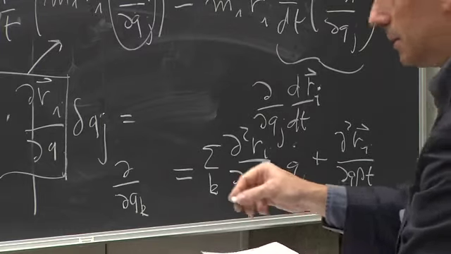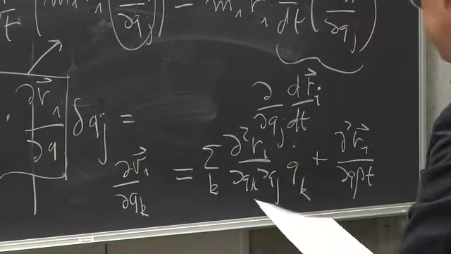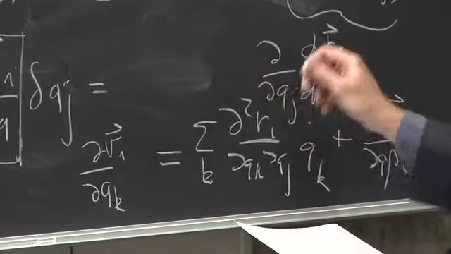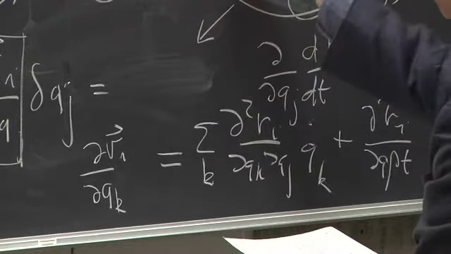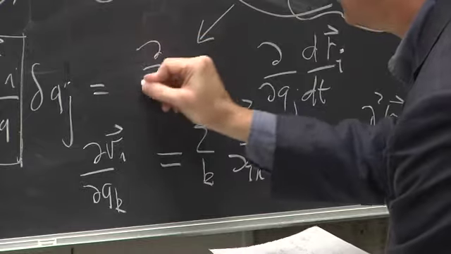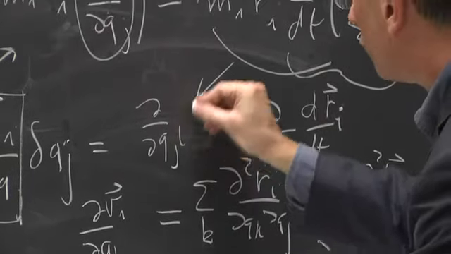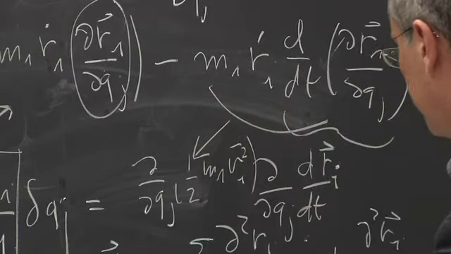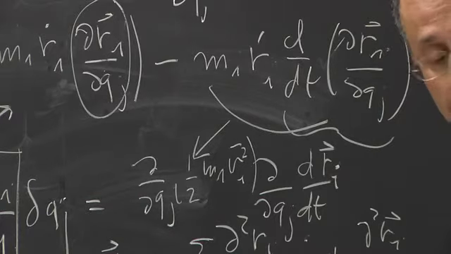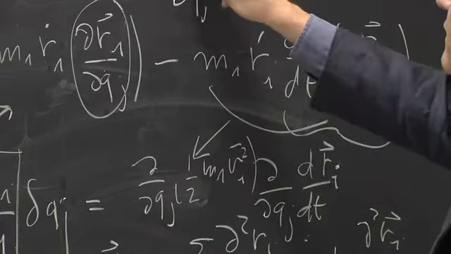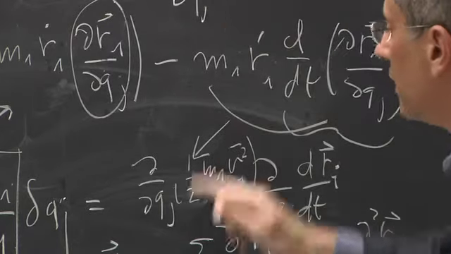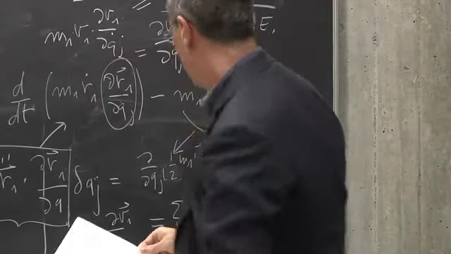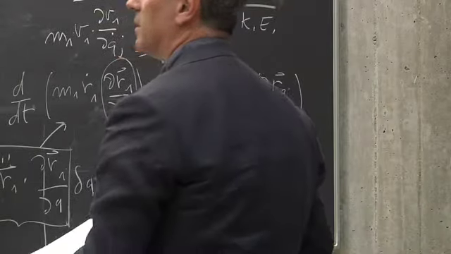So again, this term too can be written as dqj of 1/2 mi vi squared. So it looks like this one, but this is the partial derivative with respect to q dot, and here you have the partial derivative just with respect to q. That's the only difference.